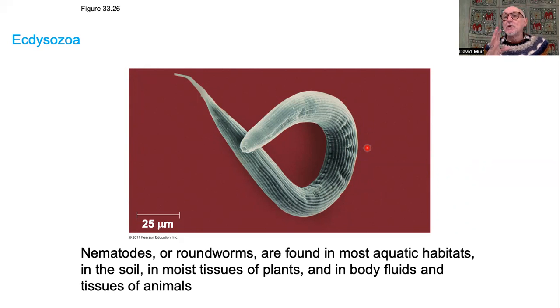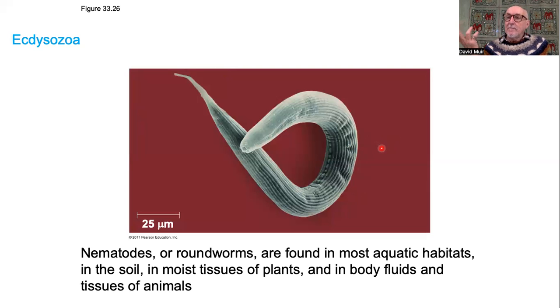There are probably more nematodes than there are any other animal. And they occur in virtually every single habitat on the planet except the most extreme, like the middle of Antarctica or whatever. And I wouldn't bet that there aren't some there.